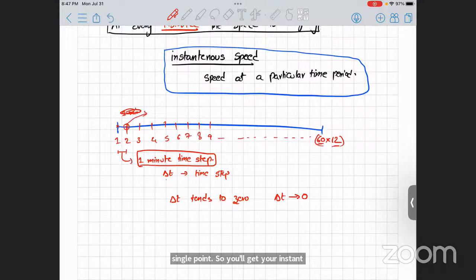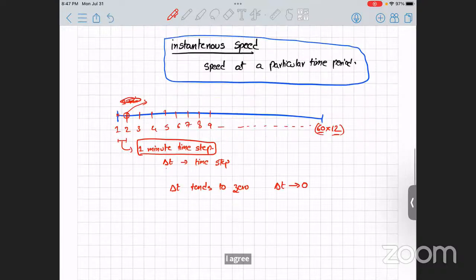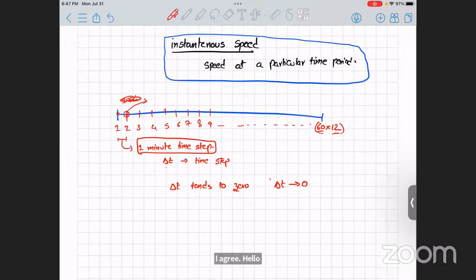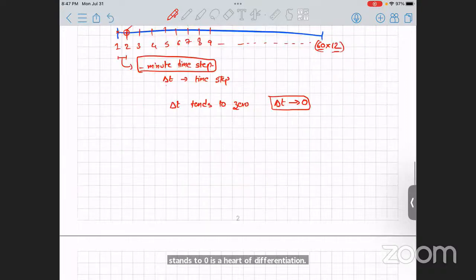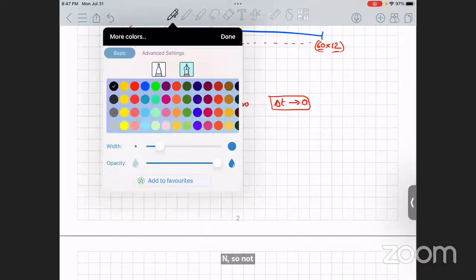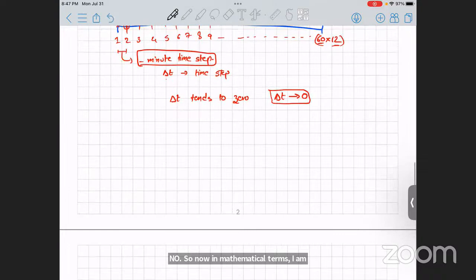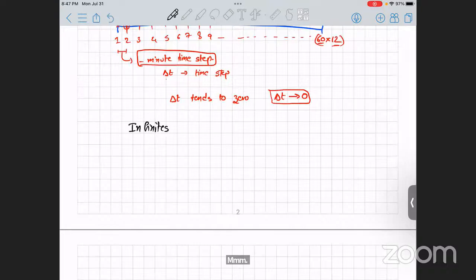Agree? So this is the notion of, listen to this carefully, delta t tends to 0. This is a very, very important topic. This small thing, delta t or delta h tends to 0, is the heart of differentiation. Clear till now? Now, in mathematical terms, I am defining the infinitesimal speed. Have you heard this word, infinitesimal?